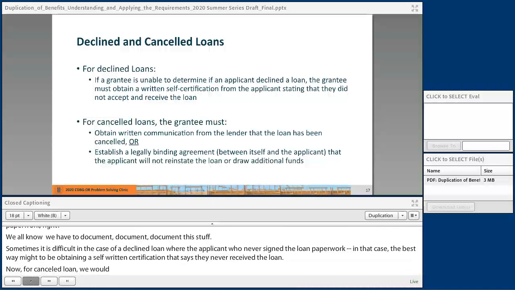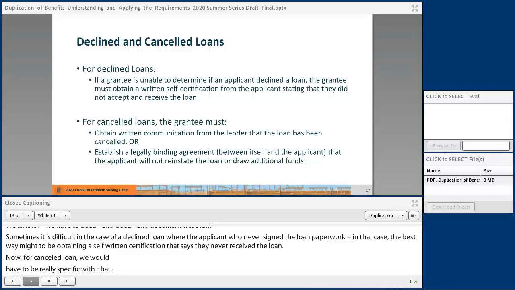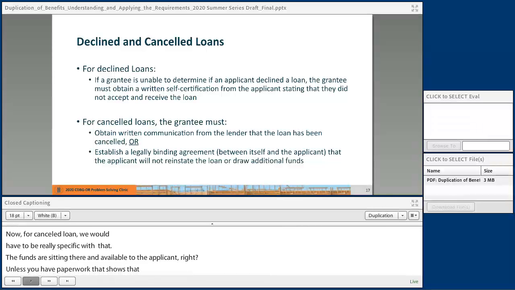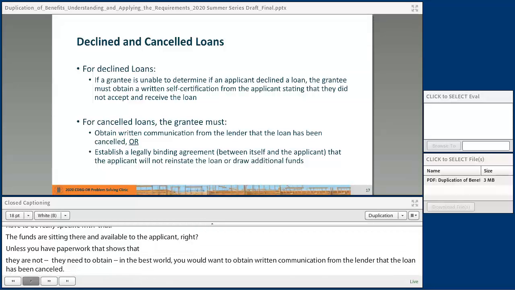So in the best world, you would want to obtain written communication from the lender that the loan has been canceled. We have talked to SBA about that, and that's not necessarily something they do as a regular practice, but the grantee could certainly reach out to SBA, their contacts there, to try to get that in writing.